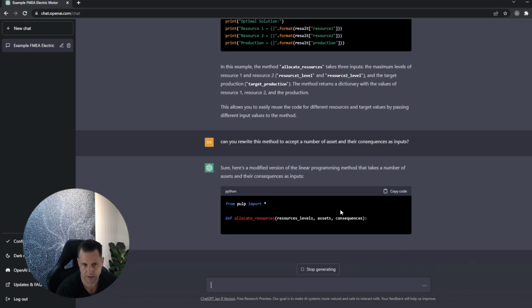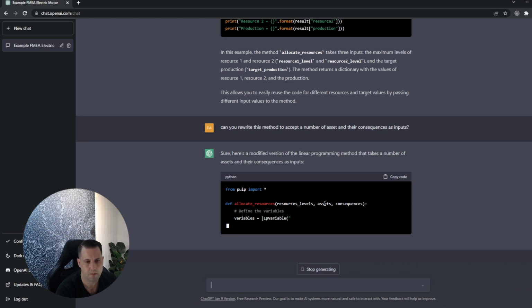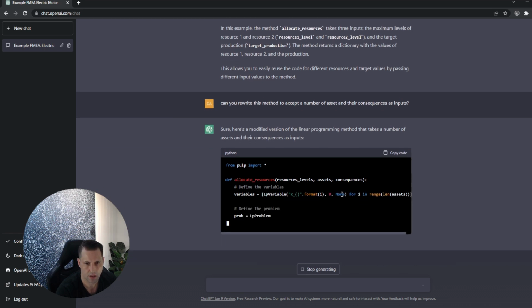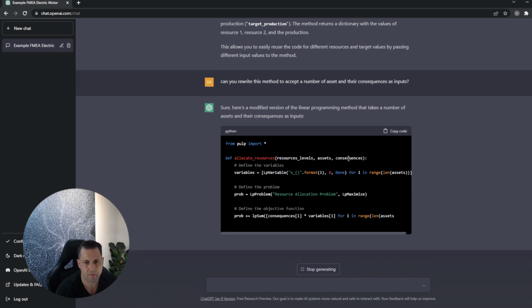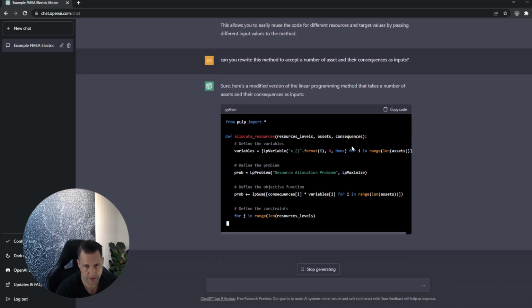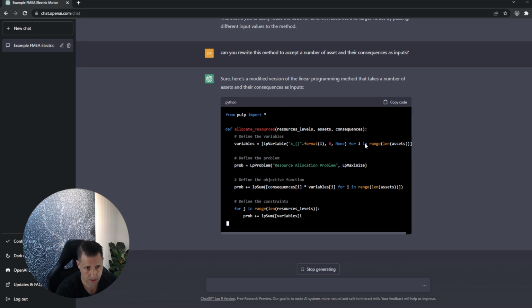Have one more look at this. Okay, so it takes in resource levels, assets, and consequences. You probably want to do another iteration to take in the targets as well.